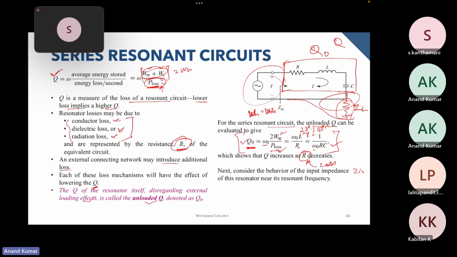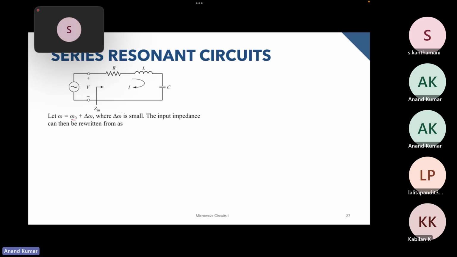Now, taking a look at the input impedance, if we move away from the resonant frequency, where omega naught is the resonance frequency, and we take a small delta omega, which is very small, we are looking at the input impedance at omega, a little far away, with a small disturbance to omega naught.